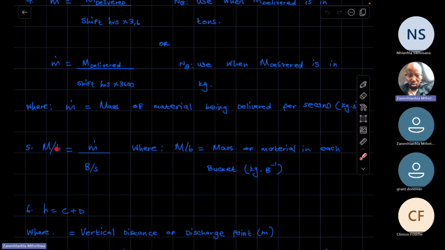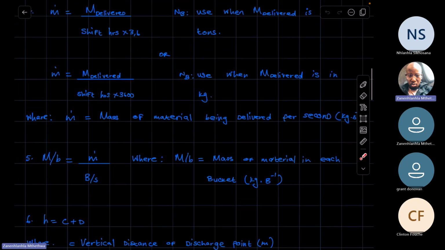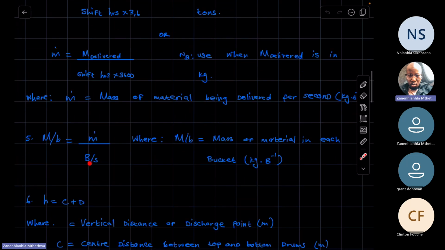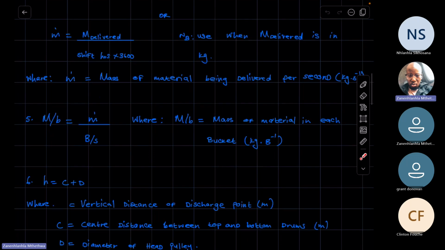So the mass per bucket is equal to the mass flow rate divided by the buckets per second, of which the formulas to calculate both M dot and the buckets passing through the discharge point per second we've already gone through.